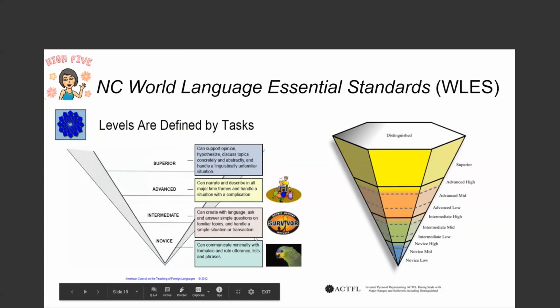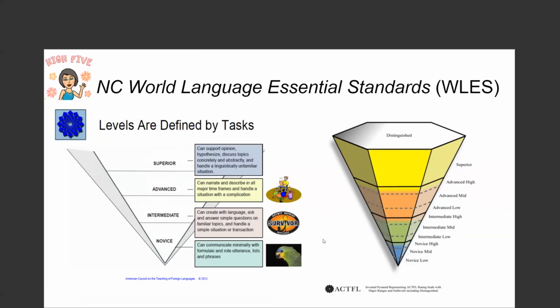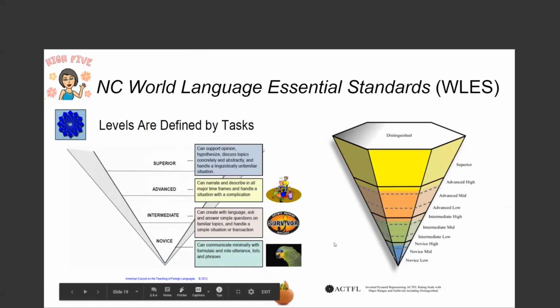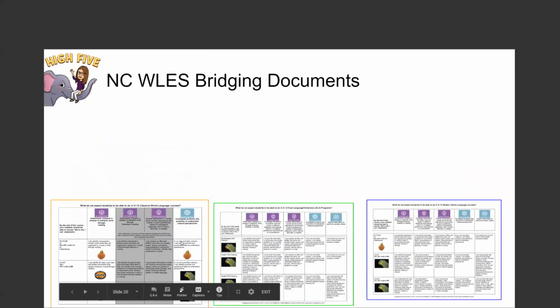And most of our learners would be at the novice or intermediate level, depending upon your program and the student's experience. And then, of course, we have our little pre-novice learner there in the egg, who is just getting ready to move into that novice level and start producing some speech.